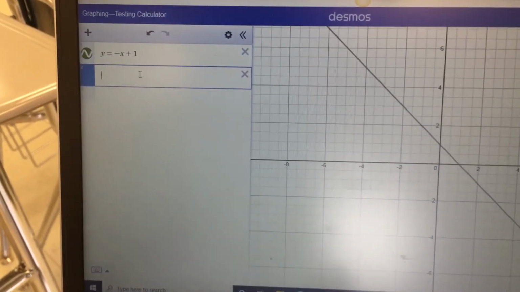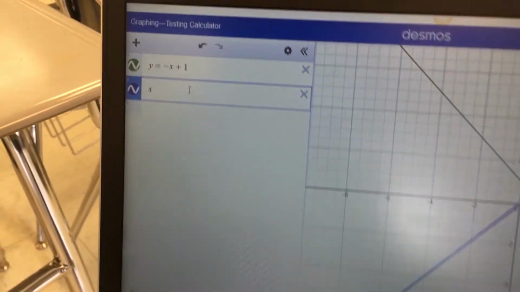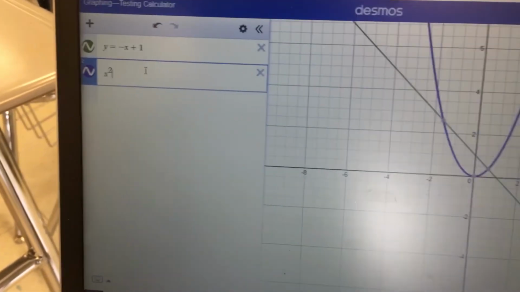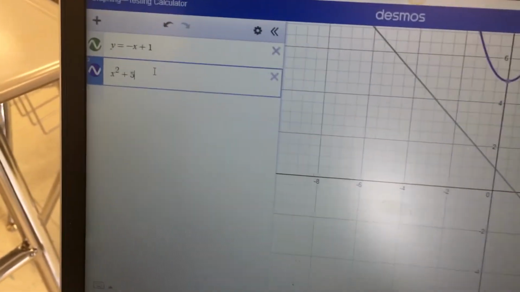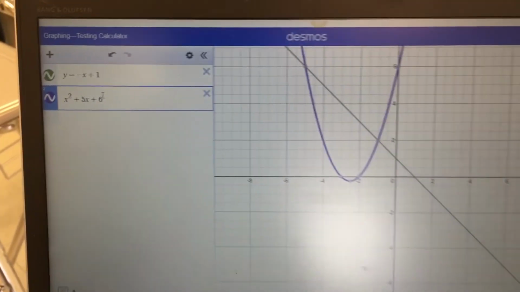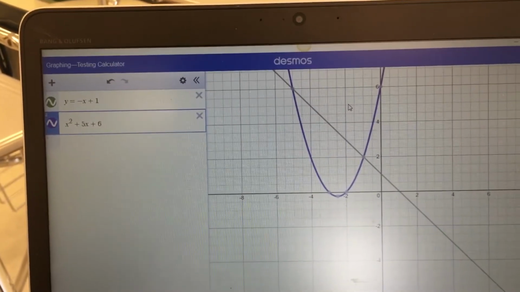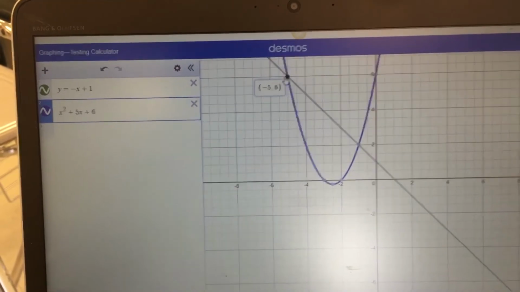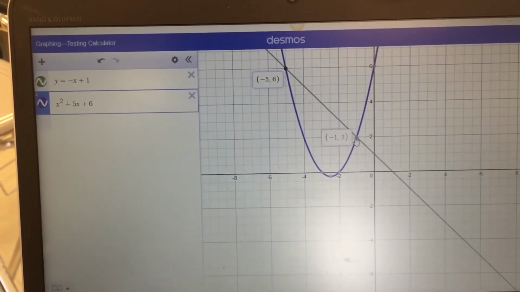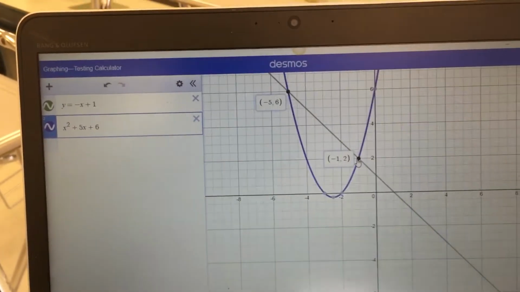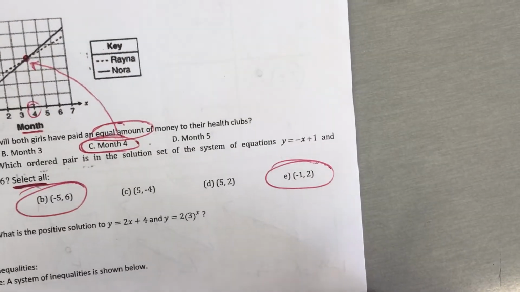And then the other one was x squared plus 5x plus 6. All right, notice this one is a quadratic, which we'll learn more about later, and linear, so it intersects at 2 points, negative 5, 6, and negative 1, 2. So two answers, negative 5, 6, and negative 1, 2.